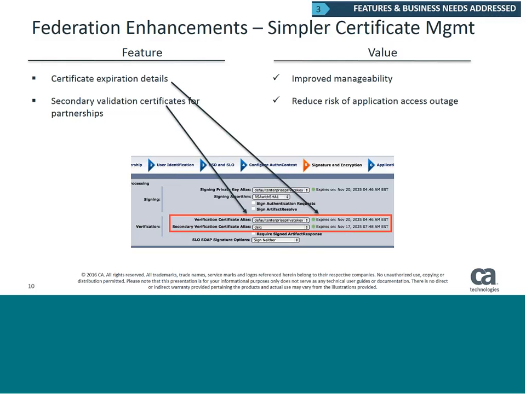You can, if a certificate is going to expire a week from now, create a conversation with your partner and ensure that the certificate that's going to be used starting, in essence, 2 weeks from now can be loaded into the system and be available so that there is a seamless change in use of certificate and keys when that period expires. So this is, again, focused primarily on helping organizations as they grow out the volume and numbers of partnerships that they have, and enabling greater scalability around certificate management.